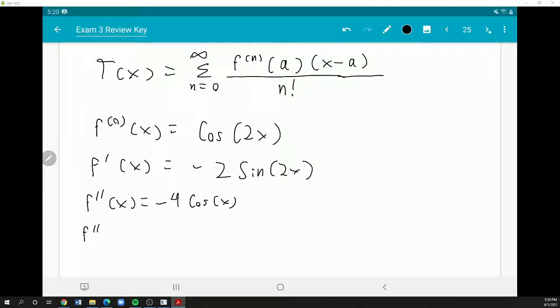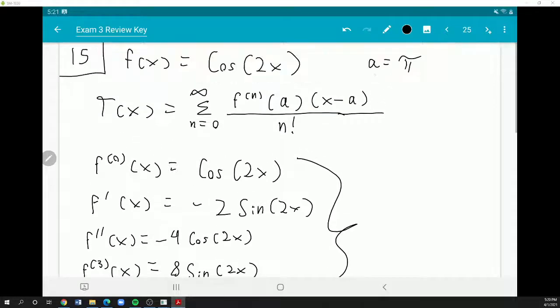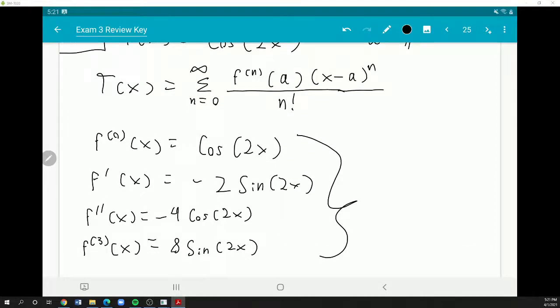F triple prime is 8 sine 2x. And here's 4 of these, right? So that's enough for 4 terms. Did I forget some? X minus a to the n there. Sorry. X minus a to the n.